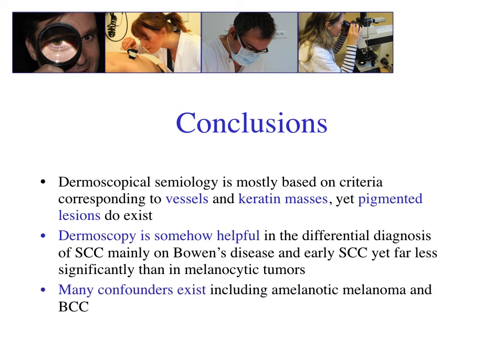Many confounders exist, especially when you observe an atypical vascular structure, including an amelanotic melanoma, basal cell carcinoma, but also a benign condition, the pyogenic granuloma.